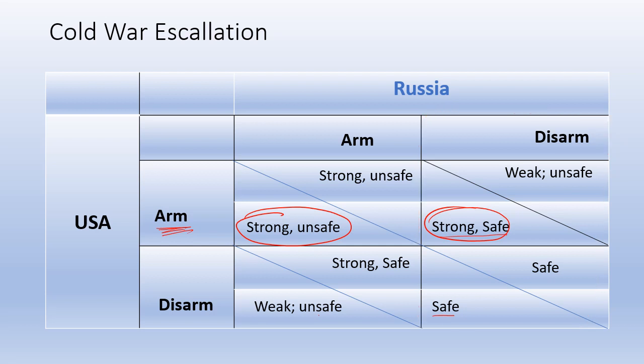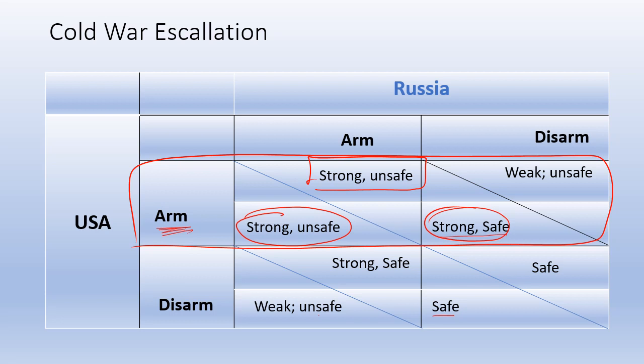Similarly, if you put yourself in the shoes of Russia, then you think, what should Russia do if USA produced more arms? In which case the game would get stuck on the top row. On the top row, strong and unsafe is better than weak and unsafe, and therefore Russia would produce more arms.